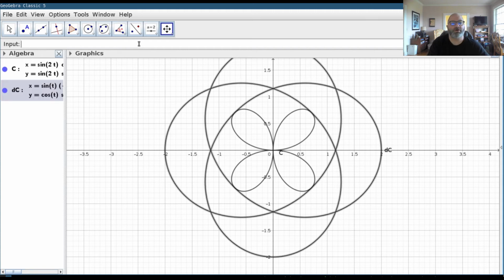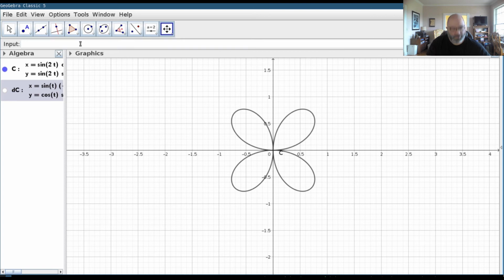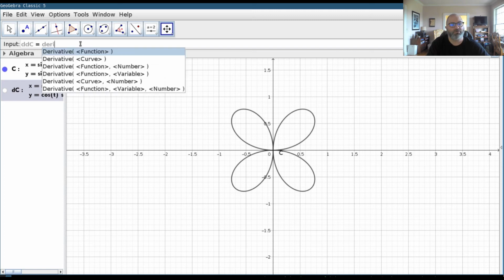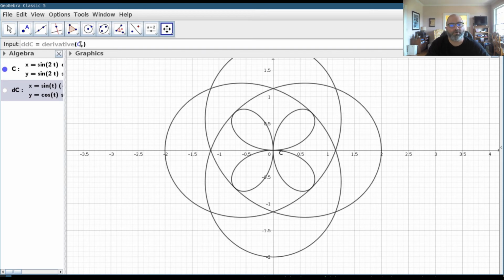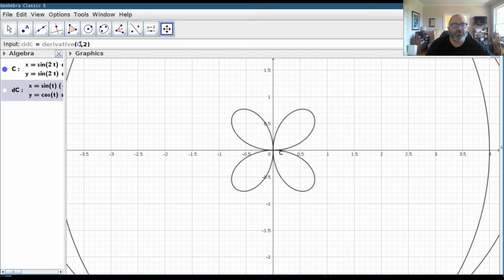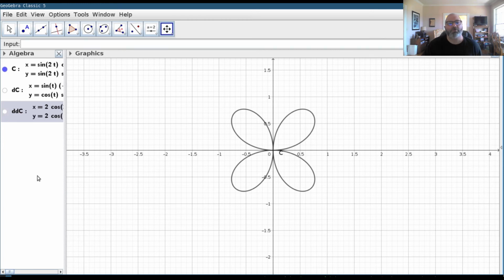And then let's compute our second derivative, ddc, which is the second derivative of our curve C. We're not really interested in what that curve looks like, but it's kind of cool anyway.